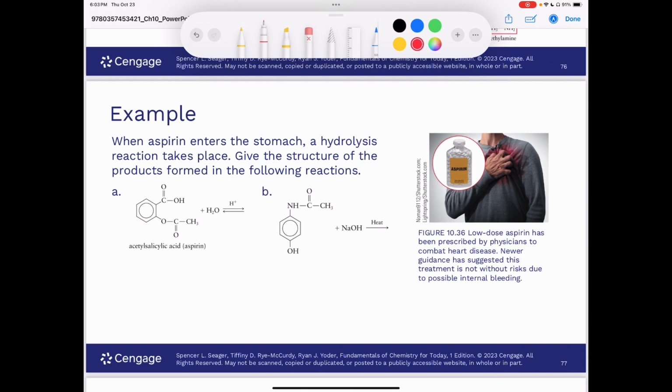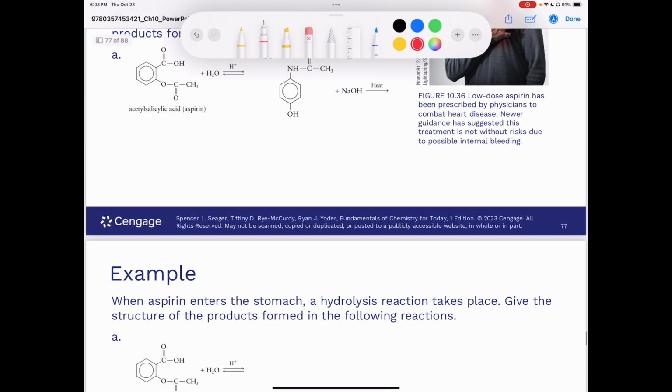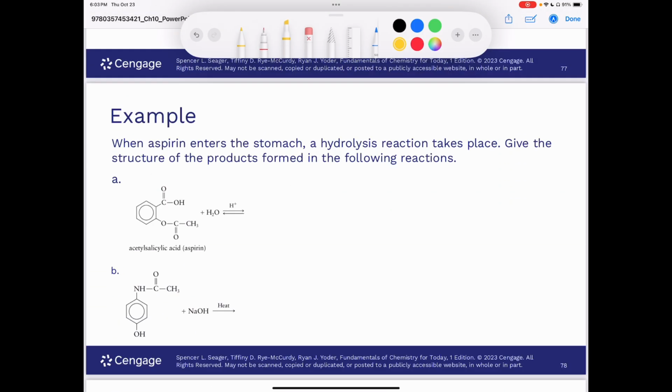Okay, when aspirin enters the stomach, a hydrolysis reaction takes place. Give the structure of the products formed in the following reaction. So in the first one, we have aspirin being treated with water in the presence of acid. And so that's going to be an ester hydrolysis. And so what we're going to end up doing is we're going to cleave or break or hydrolyze the ester linkage here. And so we're going to get our alcohol, which is going to have the aromatic ring attached to it.